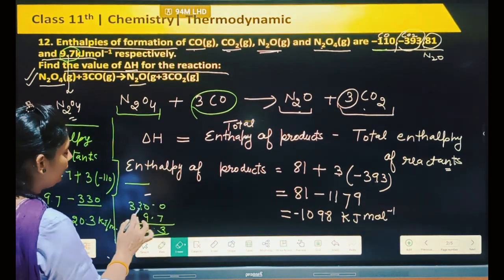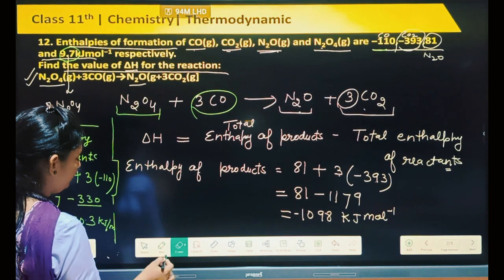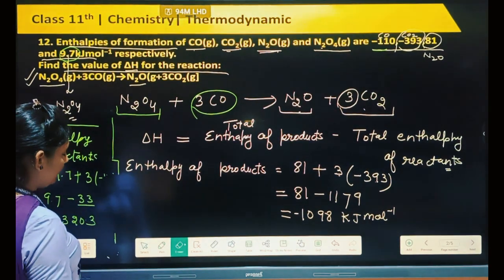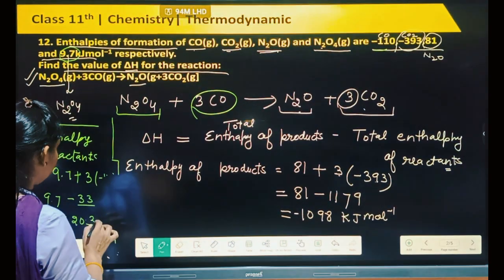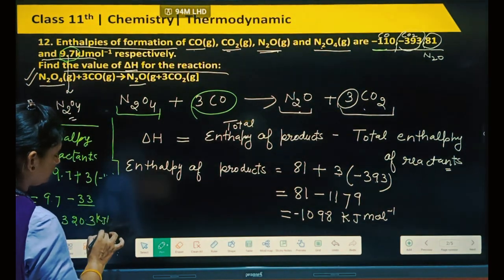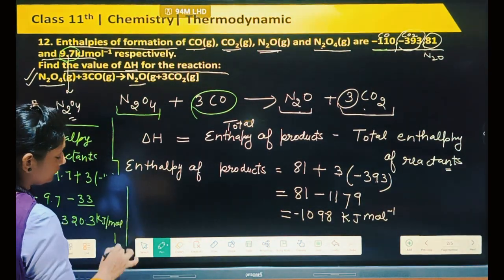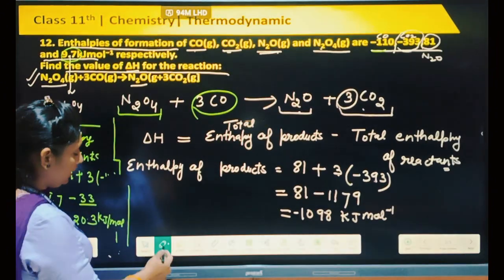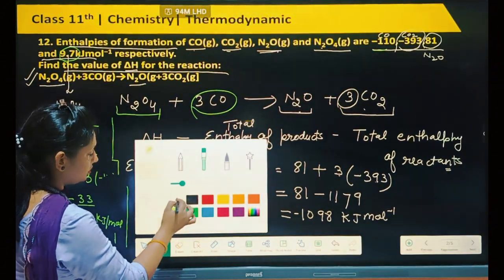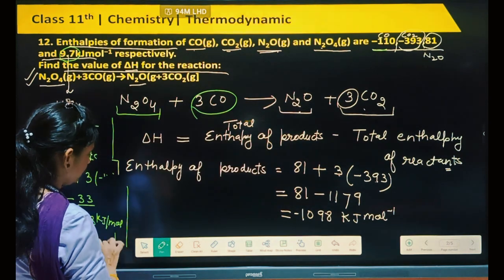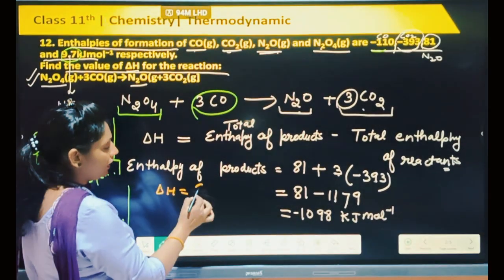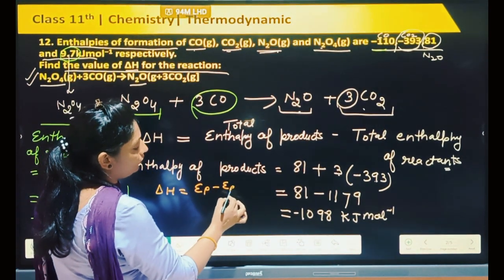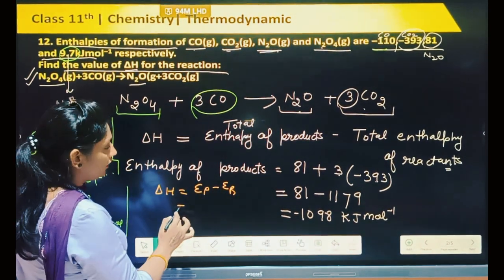Then student, you know very well about the enthalpy of reactants and products. So now you can calculate the enthalpy for the reaction. Means enthalpy of product minus enthalpy of reactant. For product, what is the enthalpy?